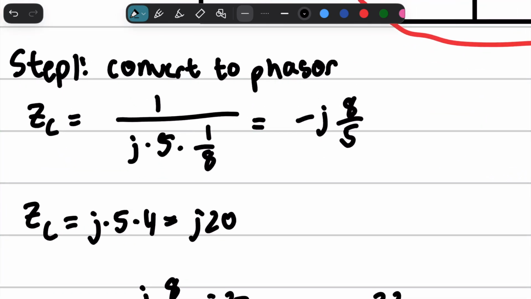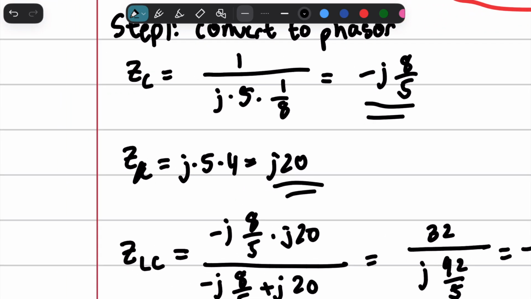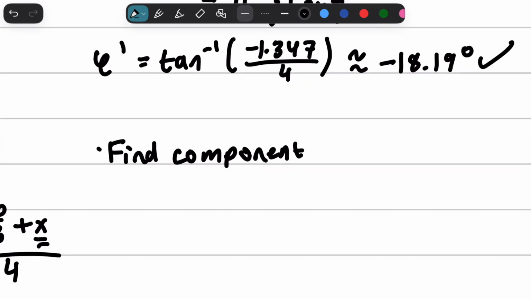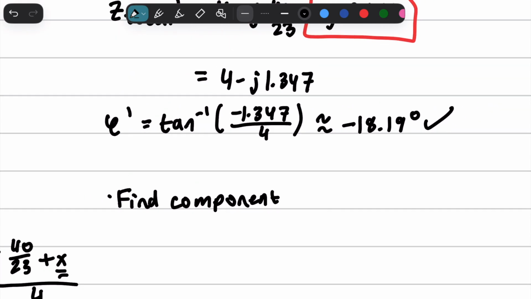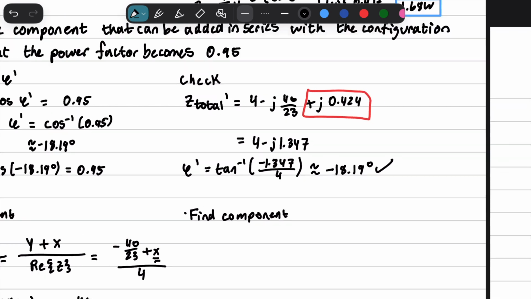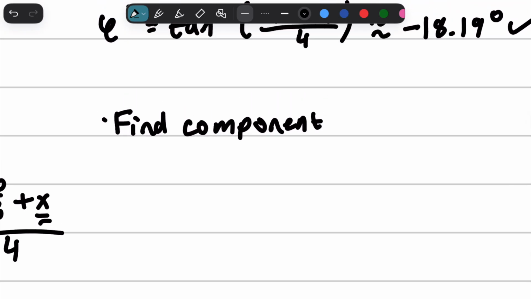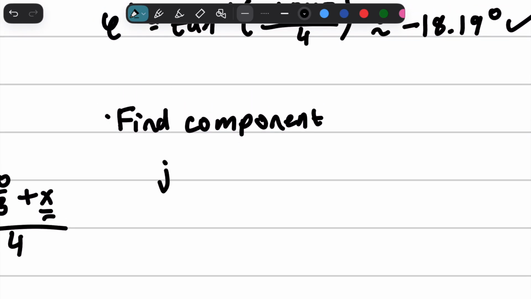As we can see here, this is just an observation, right? And we're going to use this observation, and this is an L. We're going to use this observation to our advantage so that we can get a simpler component, or only one component, rather than a configuration. I'm sure that there's a configuration where you can make the same, there's an infinite number of configurations, but we're trying to look for a component, only a single component. And so it would be natural just to use an inductor, okay?